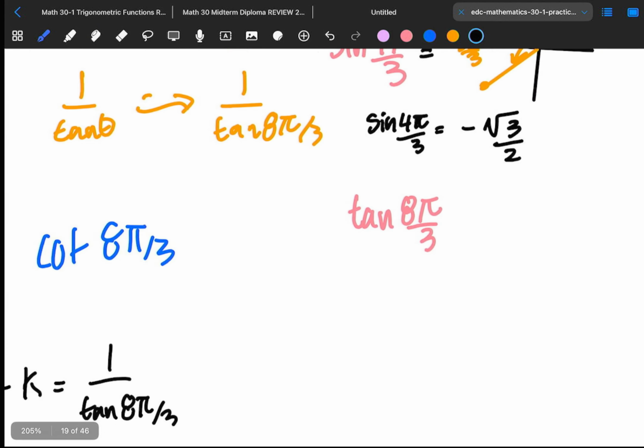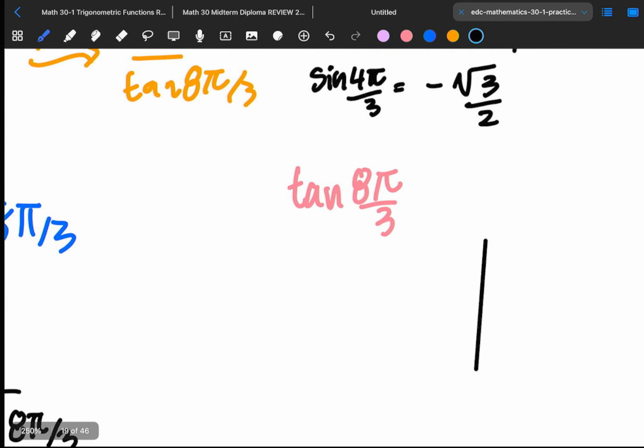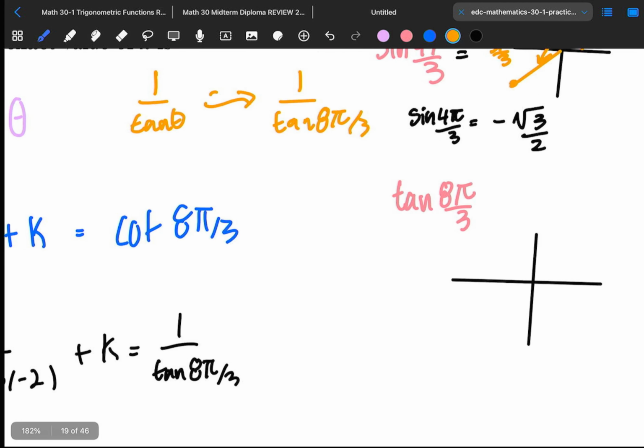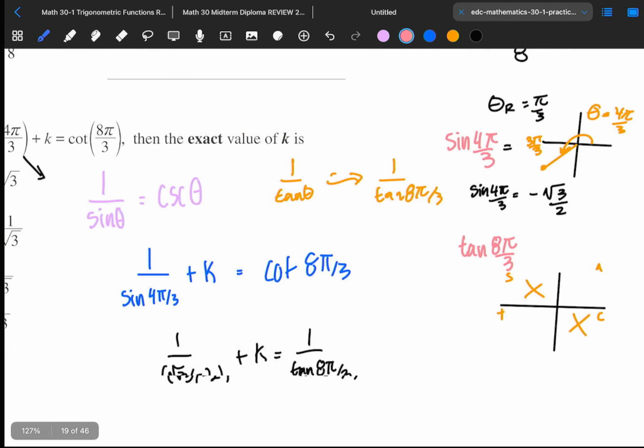So now, finding tan of 8 pi over 3. How do we do this? There's only a couple places where tan can be positive. Using the CAST rule, it could be positive either here, in the first quadrant, or in the third quadrant.